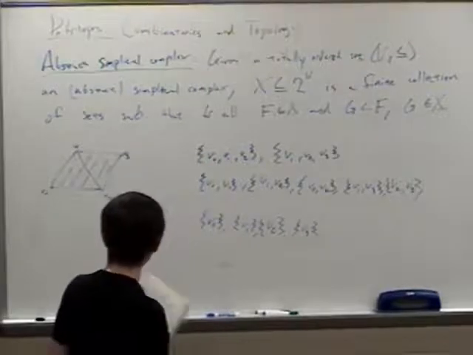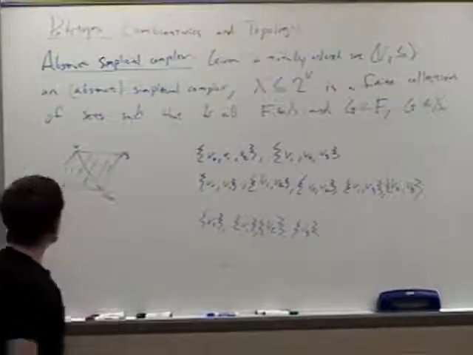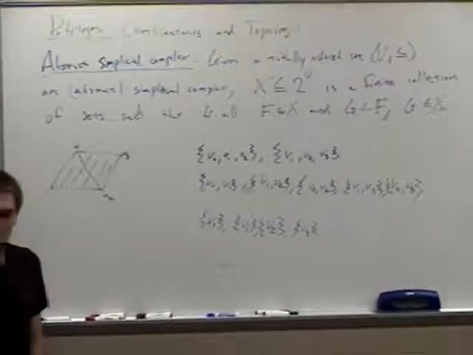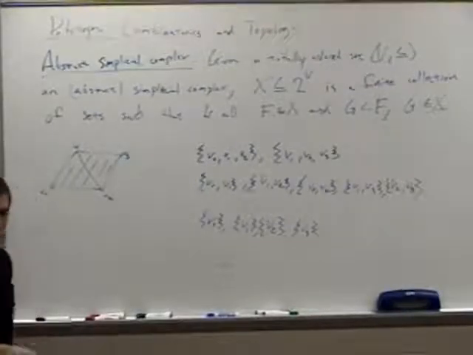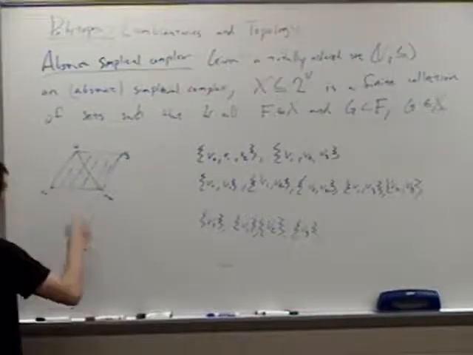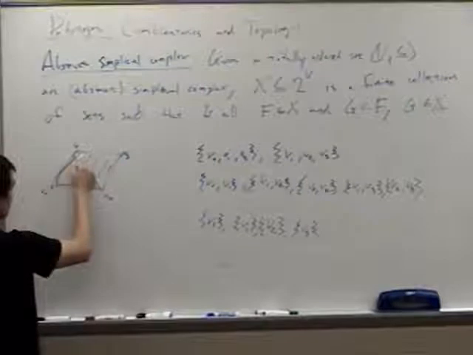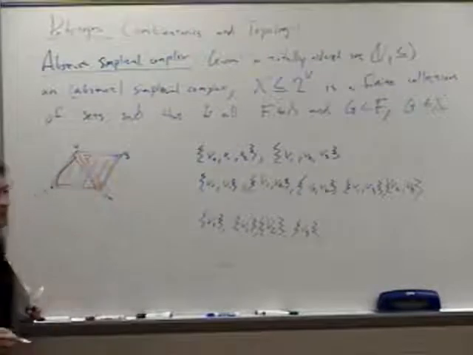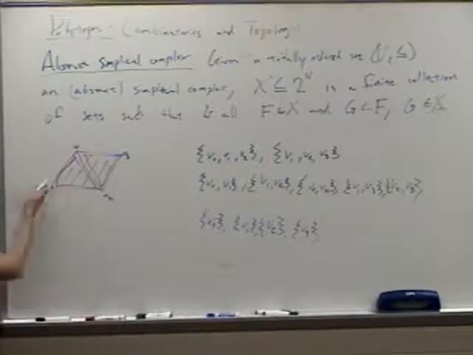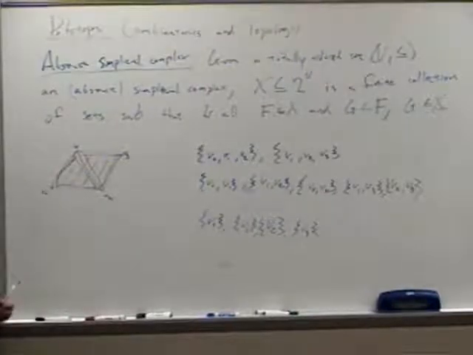So one of the first operators that we would like to investigate here is this concept of a boundary of a subcomplex. So here's sort of the idea: imagine I take these two triangles here, and I would like to find the boundary of those two triangles, which will basically be the set of all edges which are incident to just those two triangles and nothing else, right?